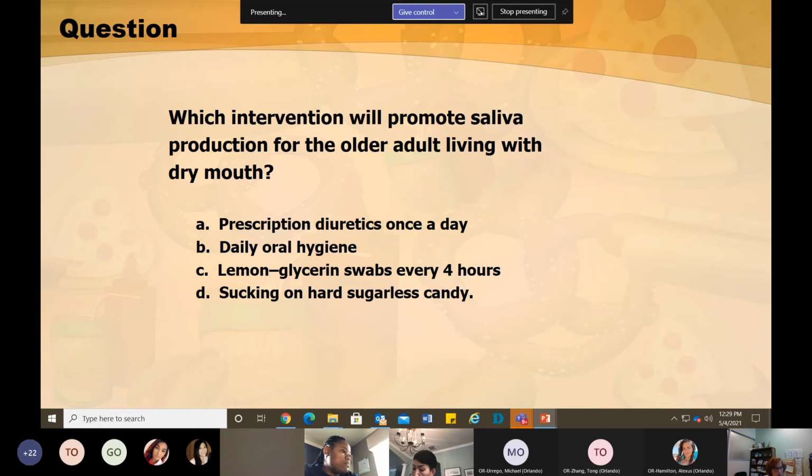Daily oral hygiene is important, but that will not promote saliva production. It's not going to cause saliva to occur. And we've already talked about those lemon glycerin swabs, which is a no-no for all of our patients these days. But definitely sugarless candy. We always say sugarless because we don't want them to have that extra sugar.